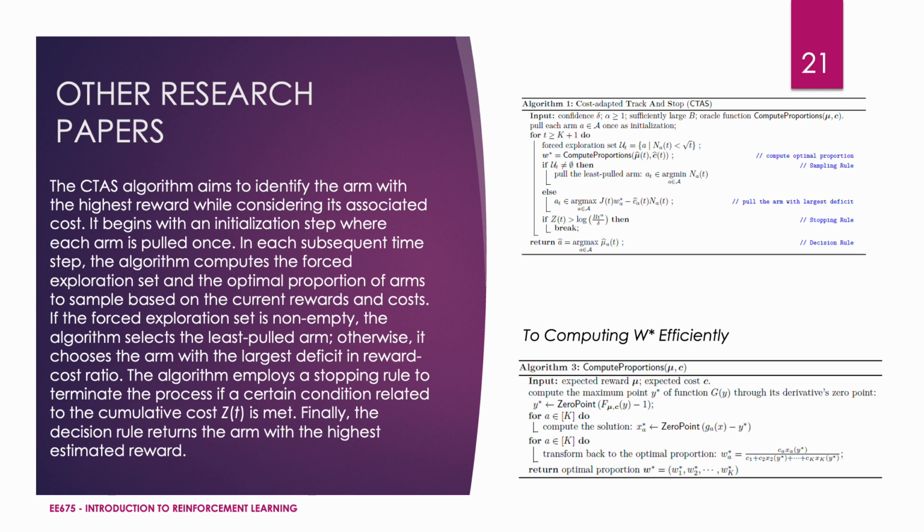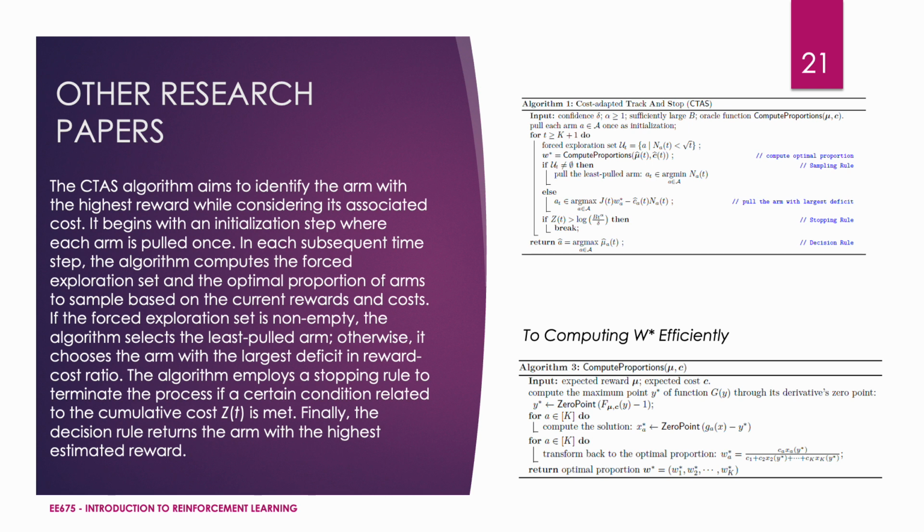If the forced exploration set is non-empty, the algorithm selects the least pulled arm from this set to ensure exploration. Else, if the forced exploration set is empty, the algorithm chooses the arm with the largest deficit in reward cost ratio. This balances exploration and exploitation.